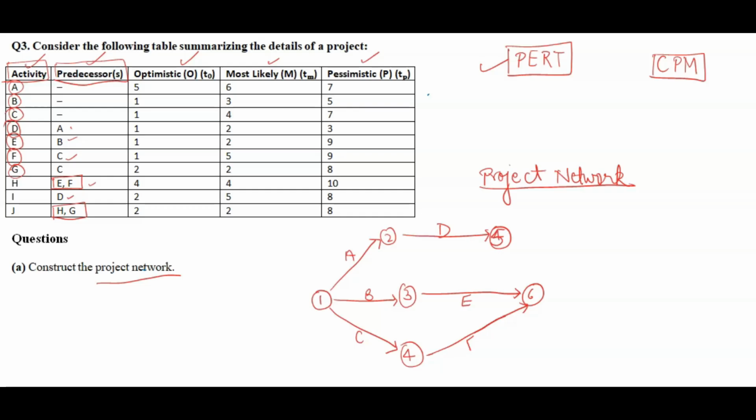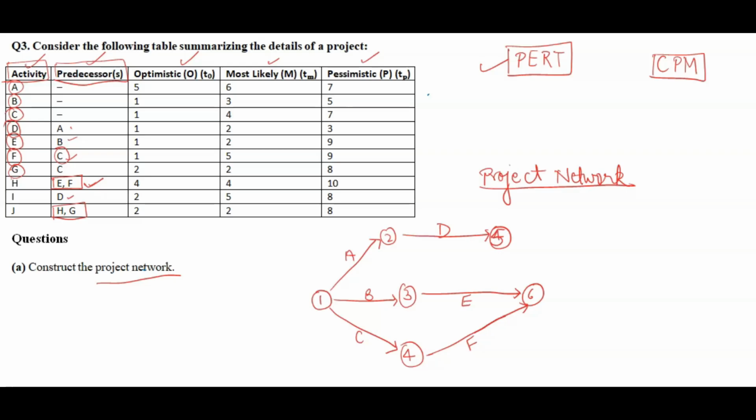So this will become the F activity. I hope it is clear. For F the predecessor is C. So F we have started from the fourth node, and F should end with E. So F we have ended here at the sixth node. That is the direction for F.